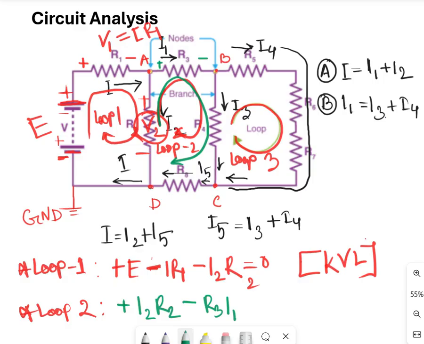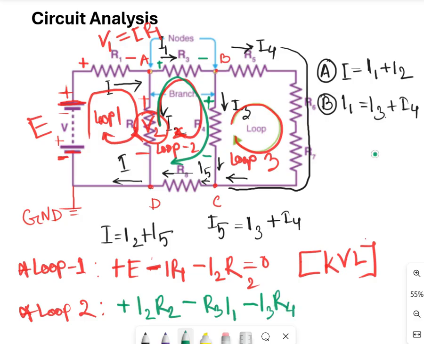Similarly here, when it enters it is positive, and when it exits from resistor R4, it is negative. So negative is considered. The current is I3 and the resistor is R4.